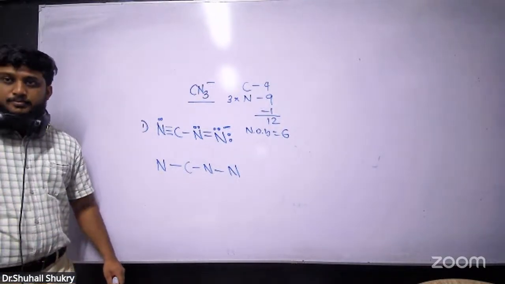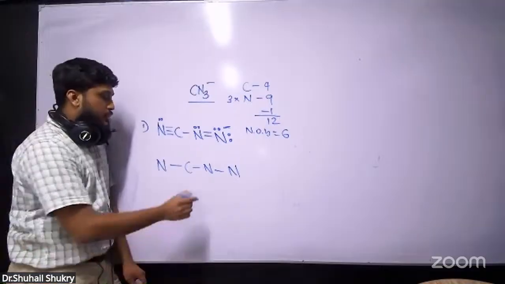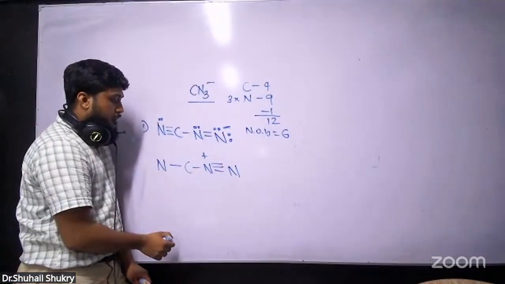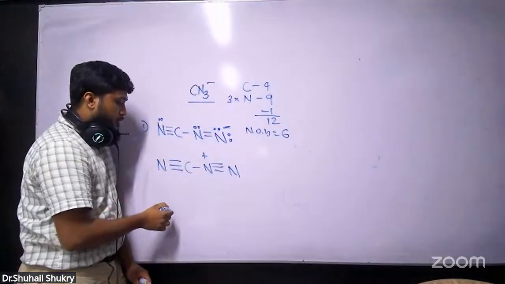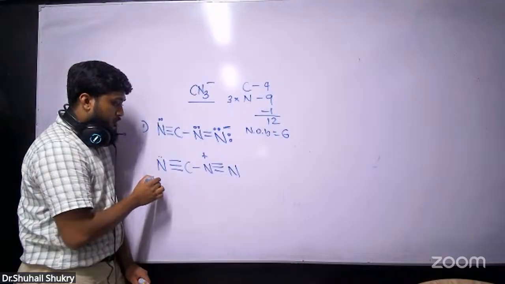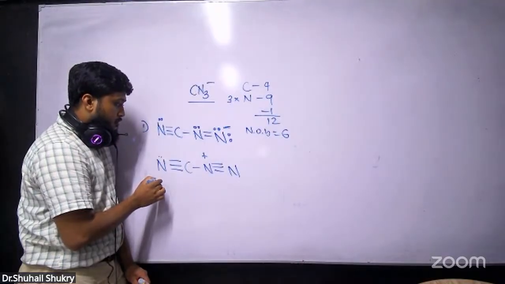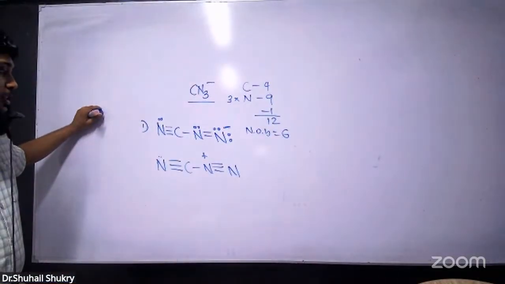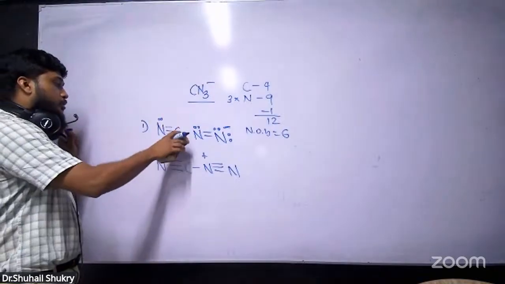How can you change the resonance structures? You can put a triple bond here, then you get a plus charge here. Here also you can put another triple bond. If you do like this, 11 bonds are extra. 1, 2, 3, 4, 5, 6.